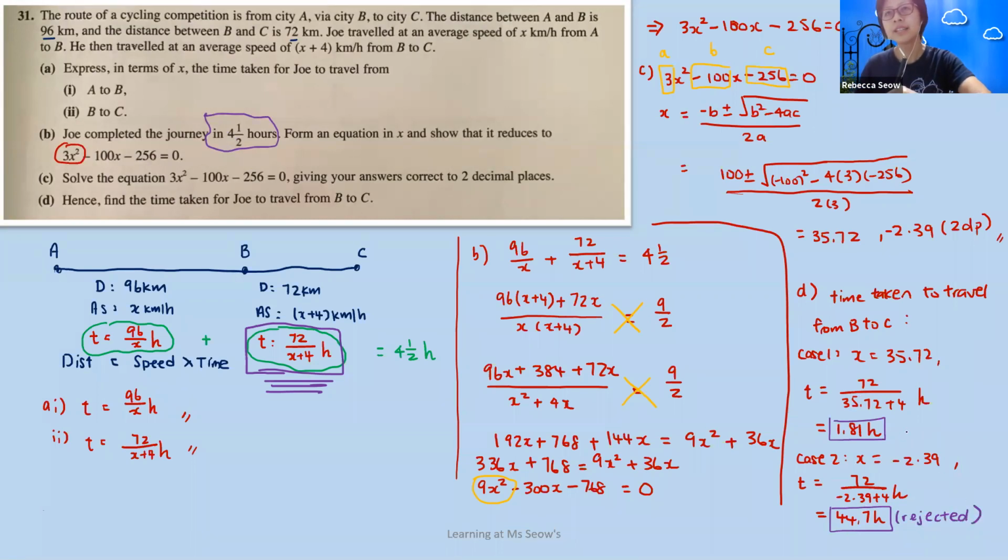And therefore, the time taken to travel between B and C is actually 1.81 hours. So I will put our answer being 1.81 hours, corrected to 3 significant figures. So that will be our answer for the question.